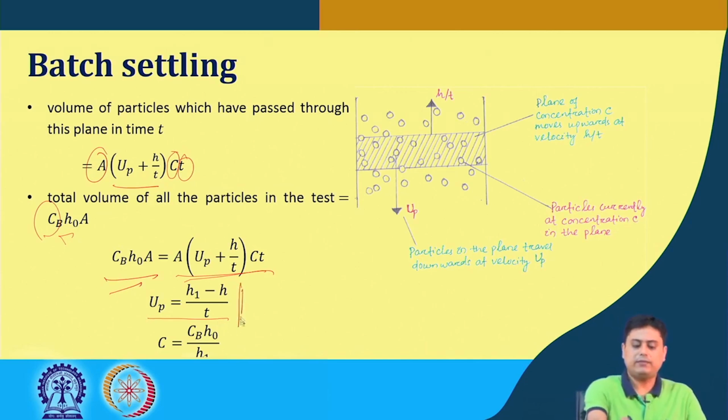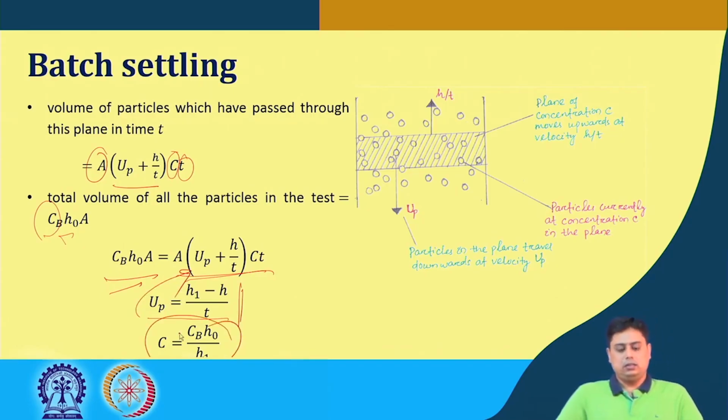This UP we have already seen. Replacing this UP in this expression, we find out what the concentration is at that time, which is the initial concentration multiplied by the initial height divided by h1.